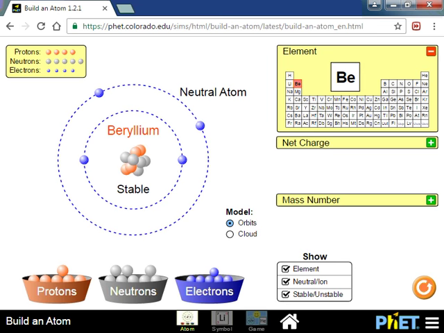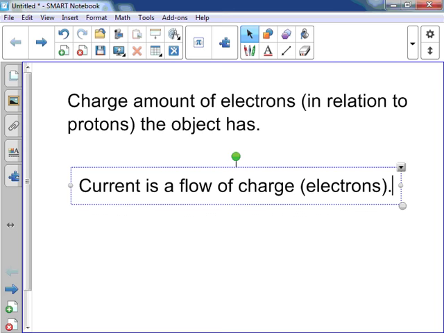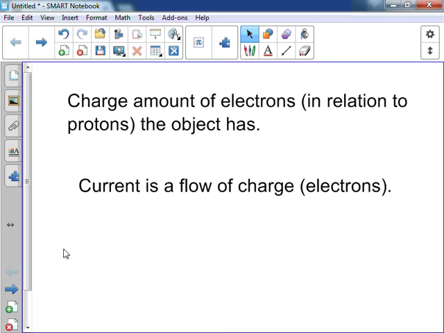So that push has got to have a name, and we generally speaking call that voltage. And I'm going to give you a very improper definition of voltage in terms of physics, but it's a very much working definition of what voltage is and what it does, okay?